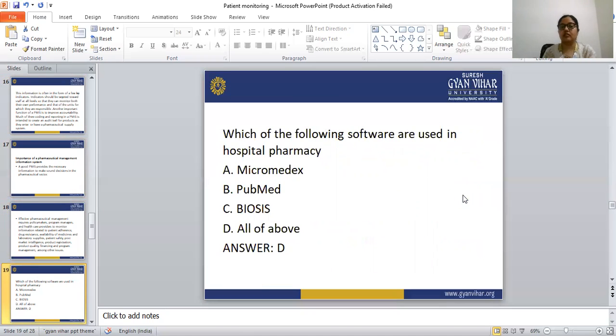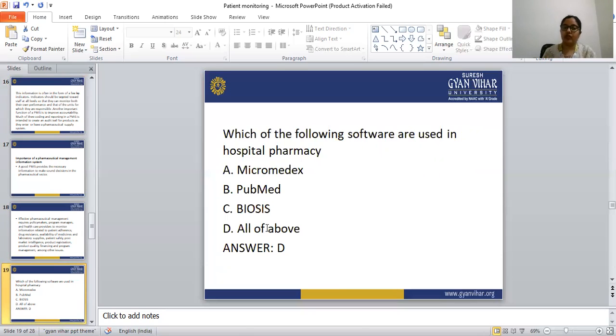First question: which of the following software are used in the hospital pharmacies? Micromedex is used in the pharmacy, PubMed is used, Biosys is used. All of these software are used in the pharmacy because they are all databases, multiple databases from which we can find out all the information: drug interaction, drug food interaction, all the information about the drug, and about the dosage of the drug.